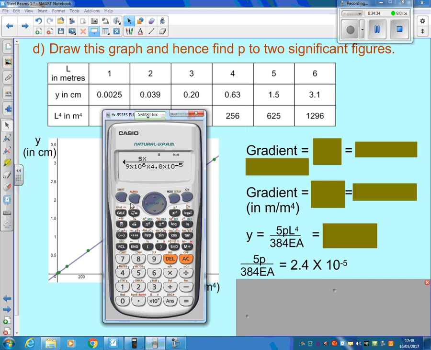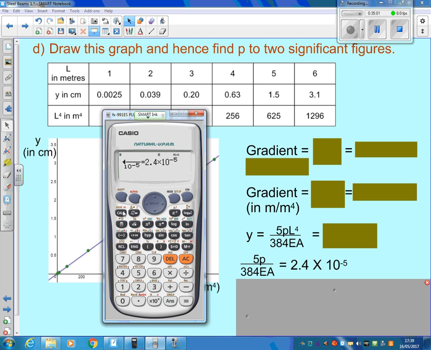On the bottom is my 384 times the E times the A, and I want that to equal this. So I just move it across, then alpha equals 2.4 times 10 to the power of minus 5.